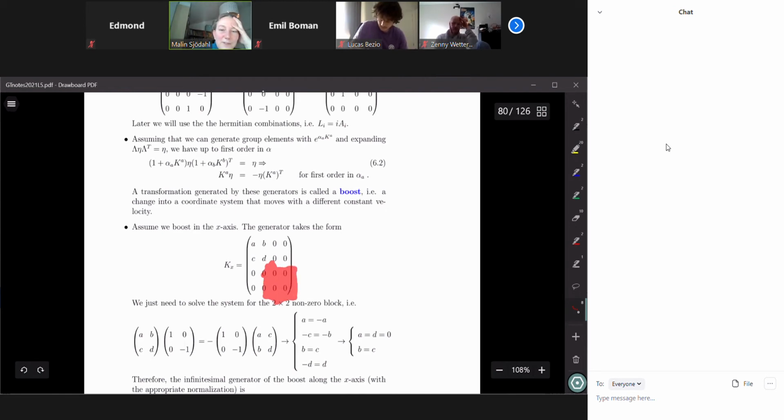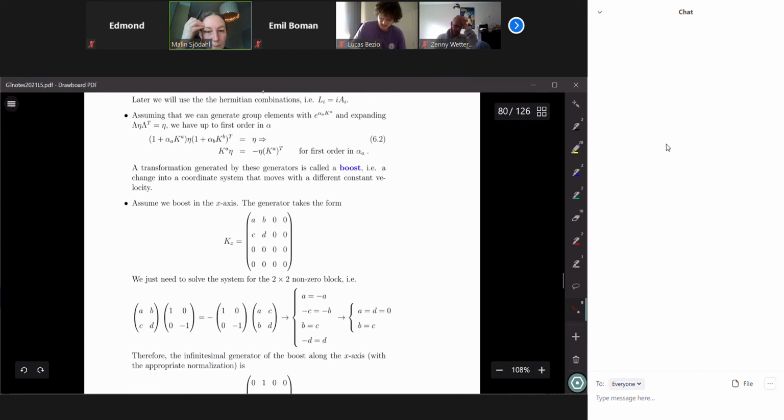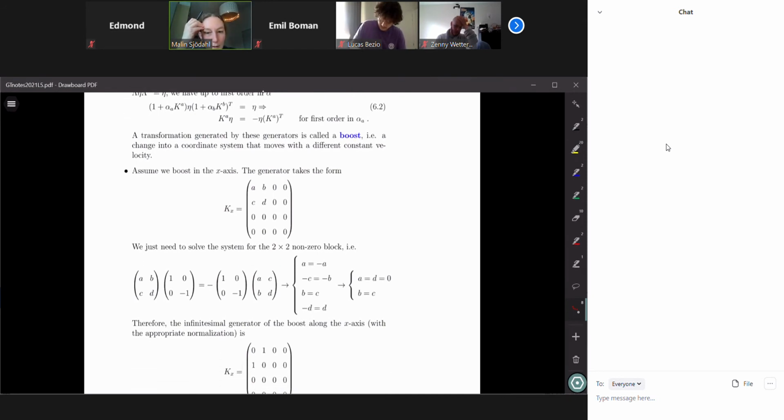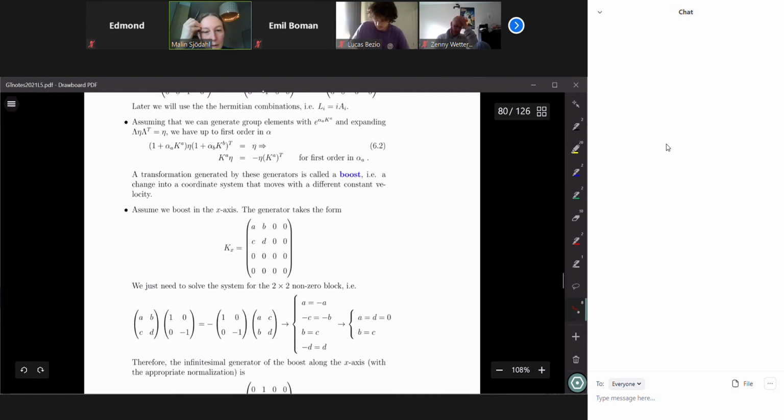But the only thing that gives us is the option to call it a boost, in the knowledge that it makes sense to call it a boost in the x direction. It doesn't give us any more degrees of freedom or make the derivation less general. Okay, so now we assume that we only want to change this block here. That makes it a lot easier, because then we can forget about the rest of the matrix and just consider this 2 by 2 block.